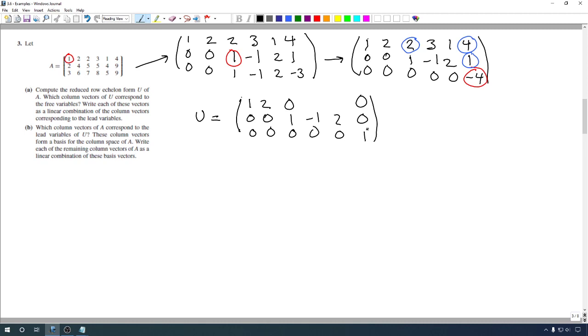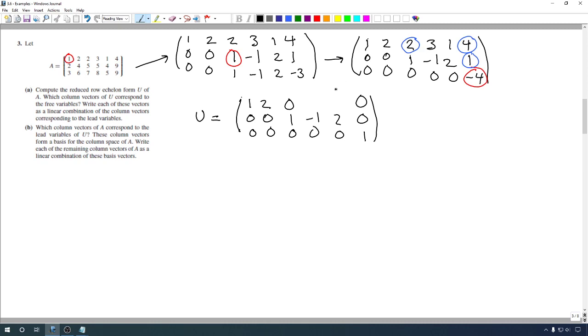And so what do we get in the other two spots? Well, keep in mind, what did we do? Using that 1, we actually just went ahead and canceled out those pretty easily. We can cancel those out without changing anything in the rest of the matrix, because we can't change anything other than the last column with this third row. But when we go back and change this to a 0 by using this 1, this -1 and this 2 actually change what we have in these two spots.